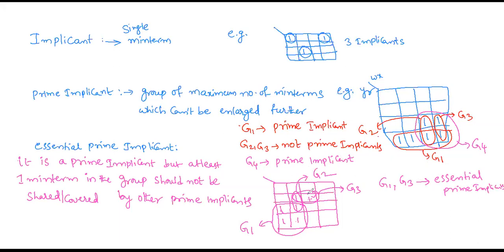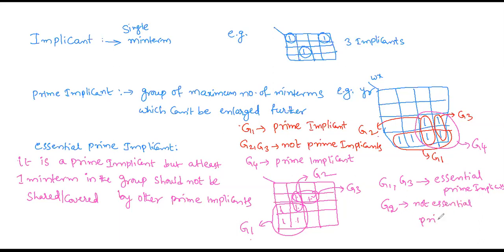Okay. Next, look for the G2. G2 here has 2 minterms, but the upper minterm is shared with the G3 group, and the lower minterm is shared with the G1 group. So G2 is not called an essential prime implicant. It is not an essential prime implicant.